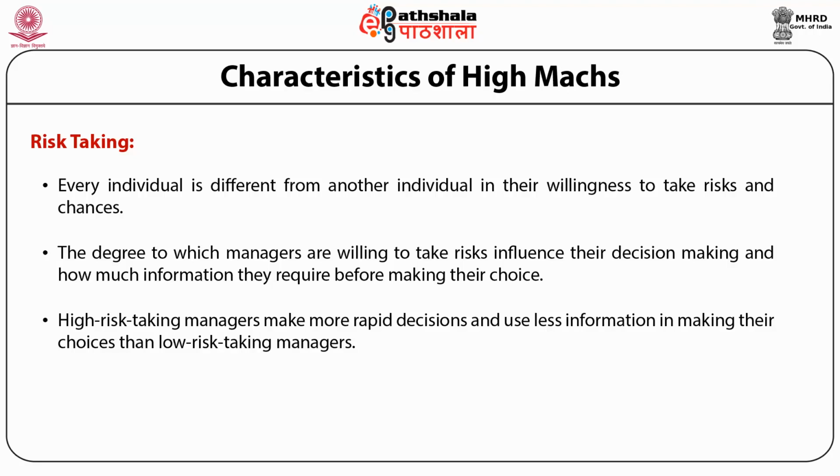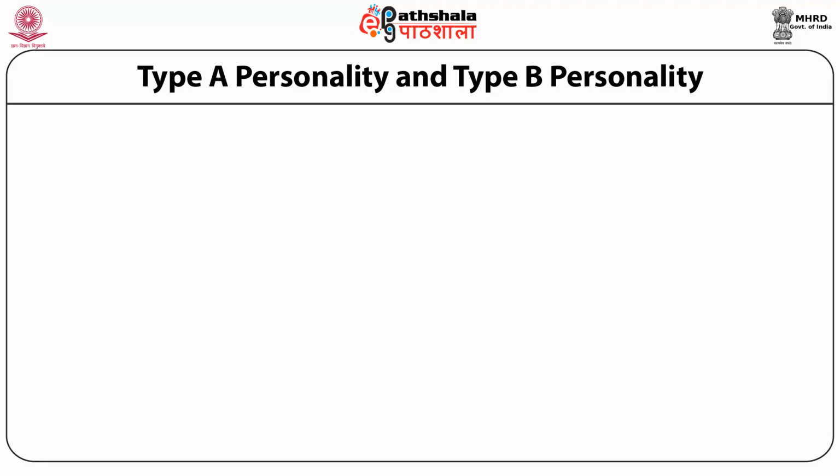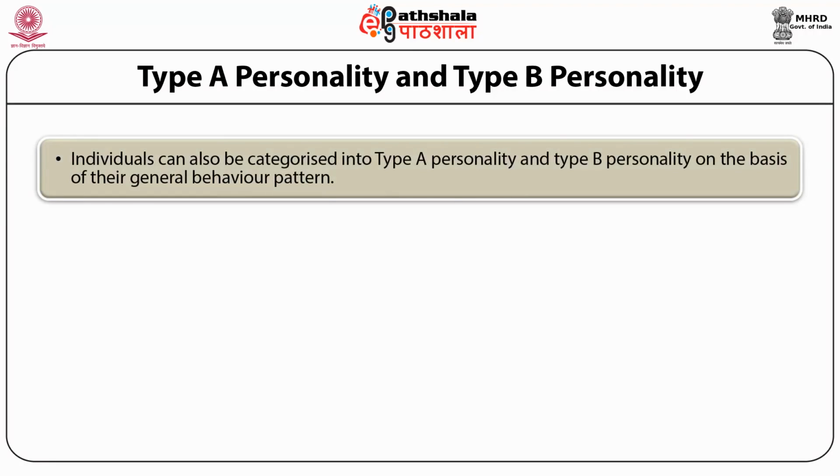There are still individual differences on this dimension. As a result, it makes sense to recognize these differences and even to consider aligning risk-taking propensity with specific job demands. The next very important topic we are going to discuss is type A personality and type B personality. Human beings can also be categorized as type A personality and type B personality.